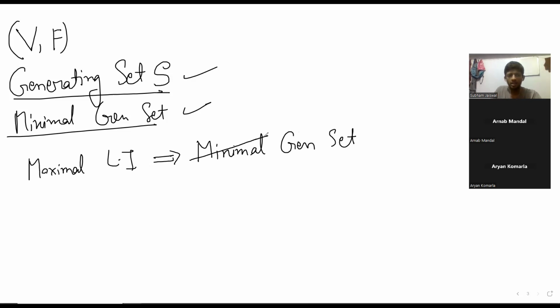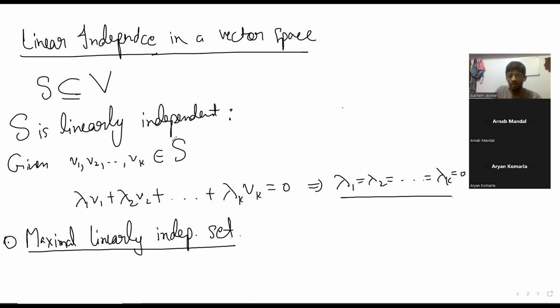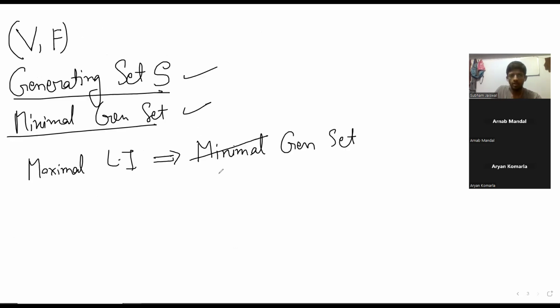More or less obvious, right? Sorry, I used S for this also. So I will not use S, I will use I for this. So I is a maximal linearly independent set, so that it is a generating set.